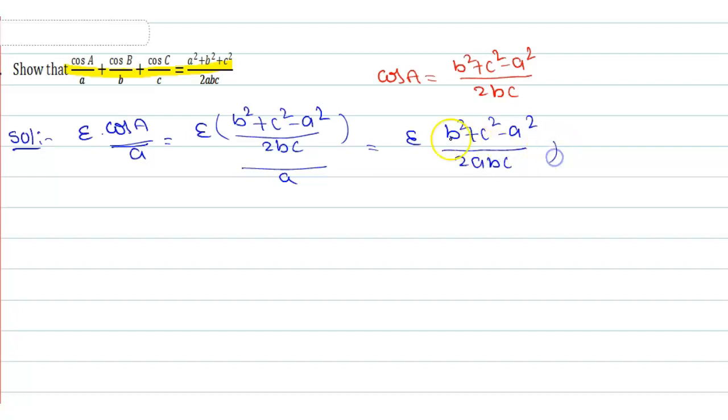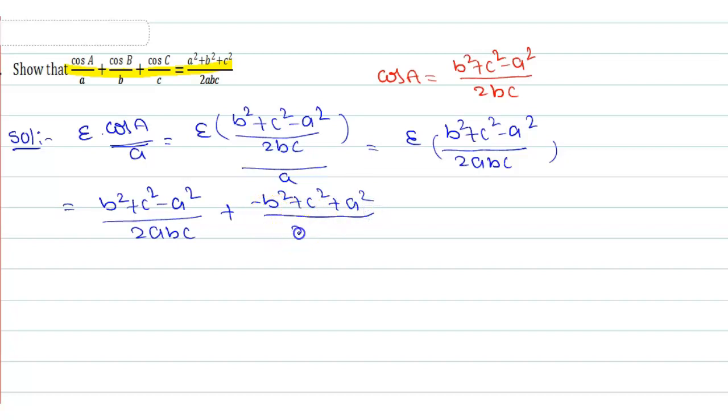summation b square plus c square minus a square by 2abc. So here summation is there. I can expand this summation: b square plus c square minus a square by 2abc for the first function. Second function is minus b square plus c square plus a square by 2abc.